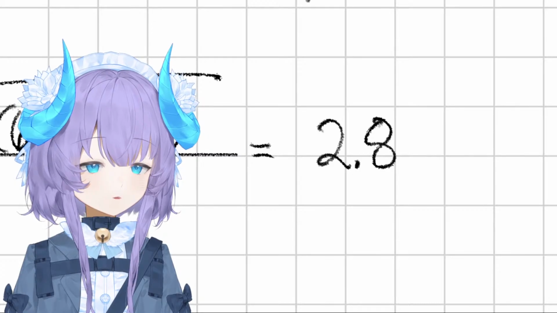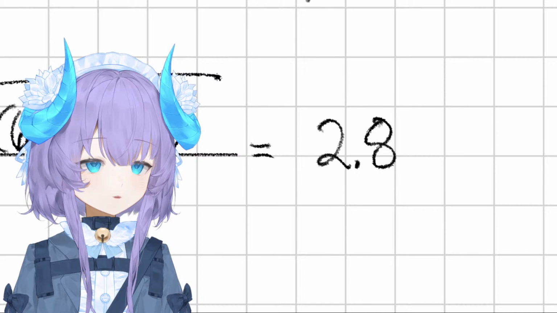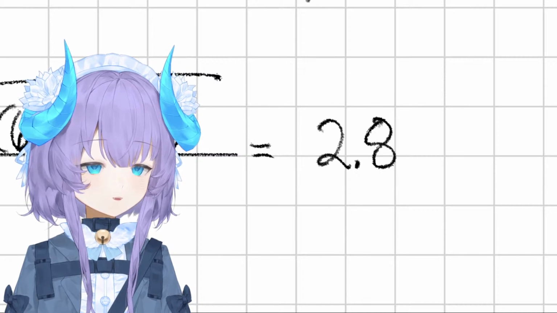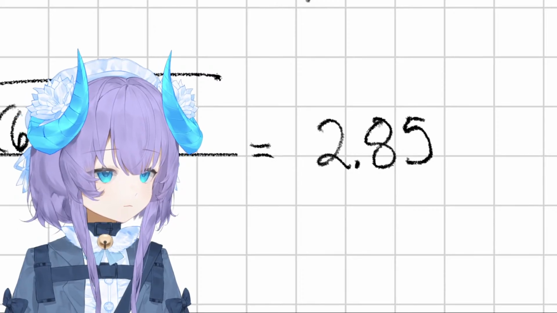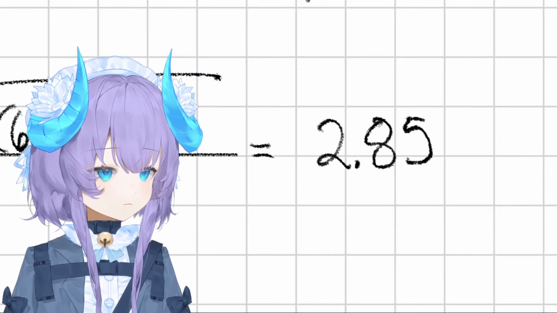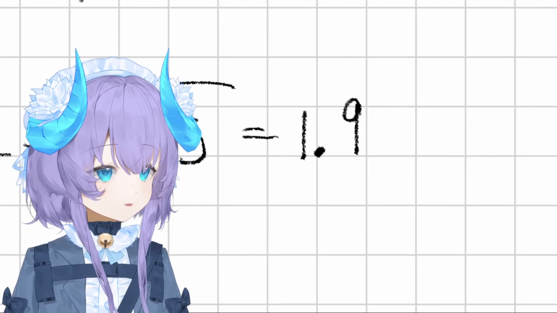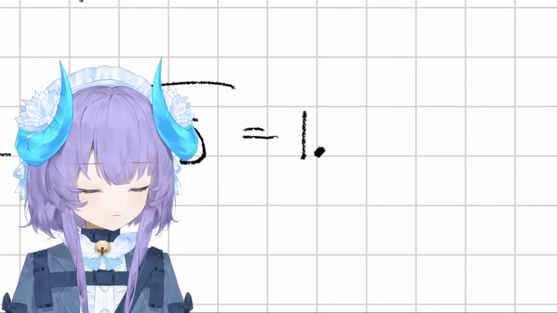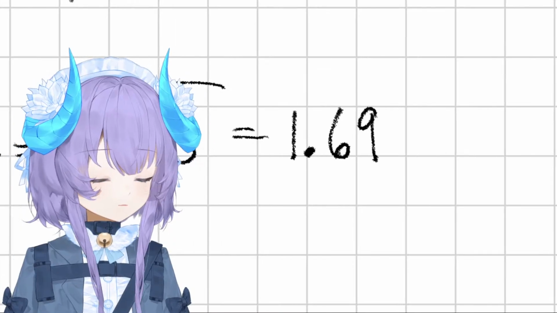Do not round until you find an answer. Then round to 2 decimal places as needed. Nine. No wait. 6, 9. Haha, funny number.